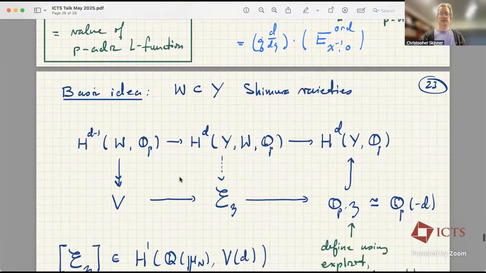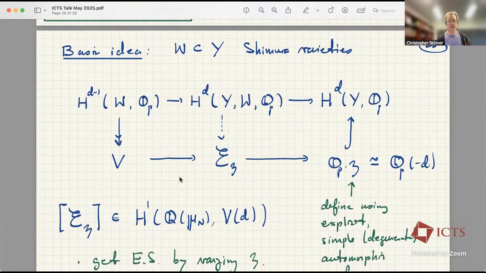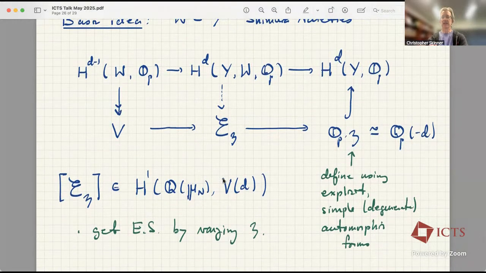So the basic idea, as I said, for this construction, and the construction that Marco will explain, is that we have W and Y, two Shimura varieties. The Galois representation V of interest shows up in the cohomology of W, and we get extensions by looking at relative cohomology, by pull back and push forward of a class, some explicit, simple, degenerate class inside the cohomology of Y, coming, say, from an Eisenstein series or a theta series or some other, particularly simple automorphic form.